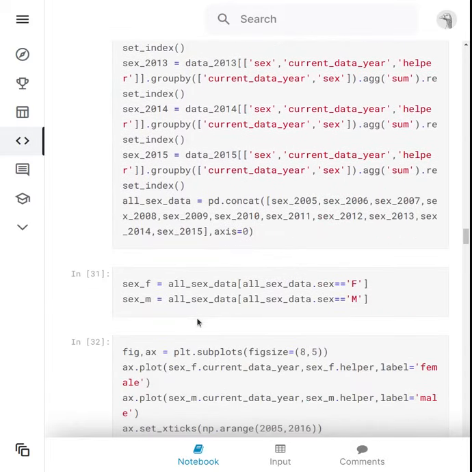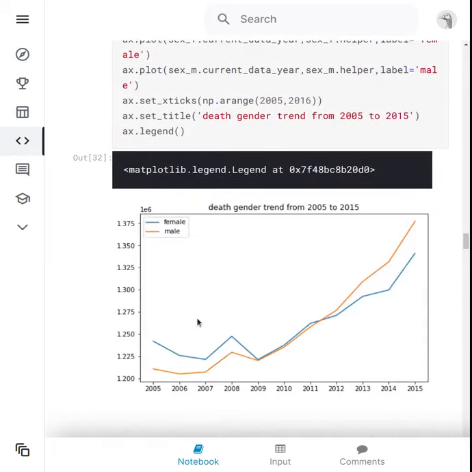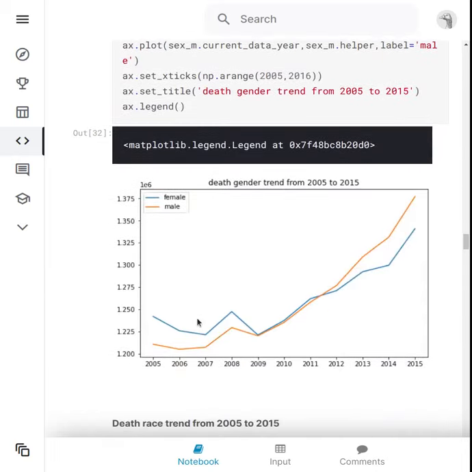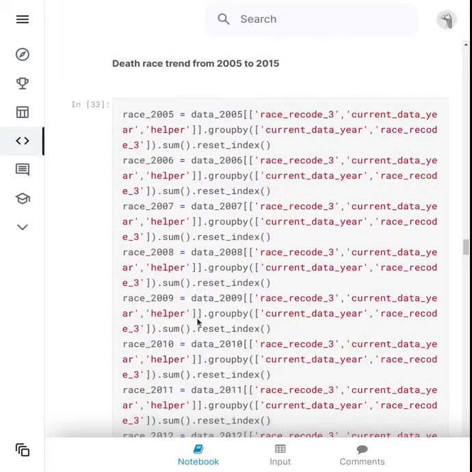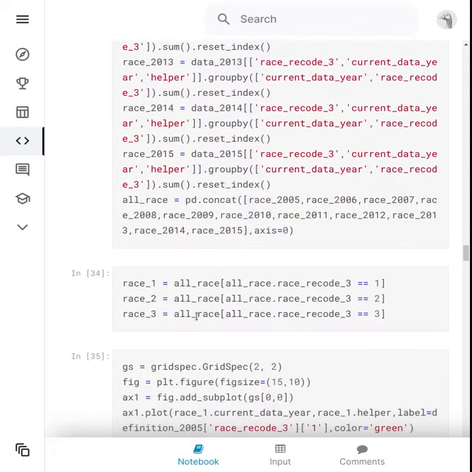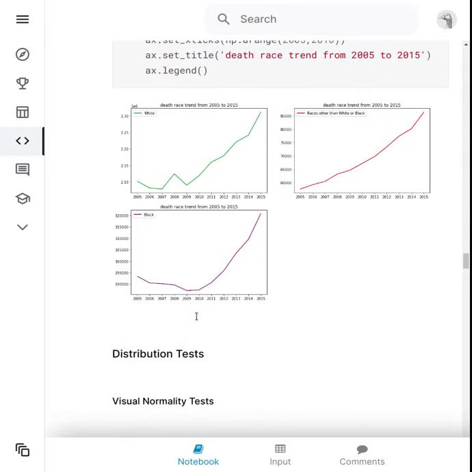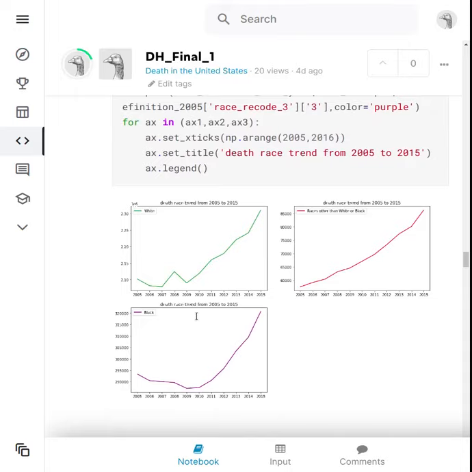In the death gender trend from 2005 to 2015, we can see in 2005, female deaths were more than males, but in 2015, it was the opposite. For the death race trend, we saw that the white race was the maximum.